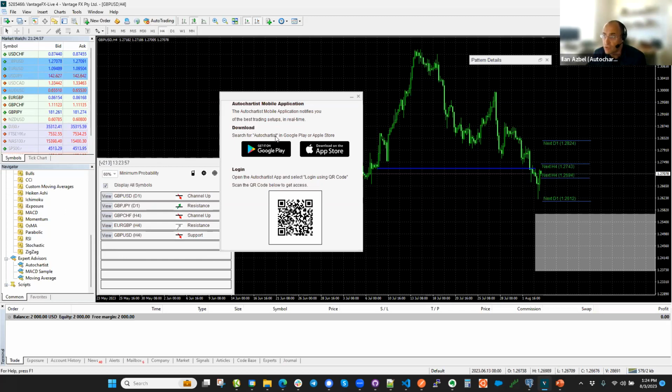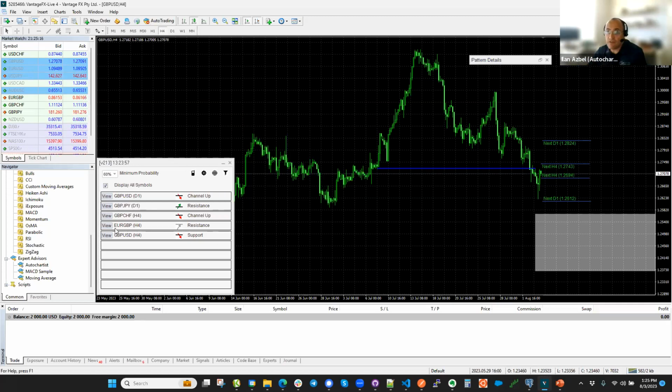Look for Autochartist, download it, and there's a button that says login using QR code. Once you do that, you just scan this QR code on the screen, and you'll be allowed into the app. Then you can get alerts whenever there's a new favorite alert. You'll get a little message on your mobile app. You can select which instruments you want to be alerted for, and the minimum probabilities and all that.